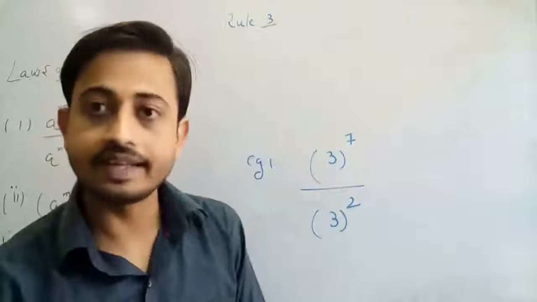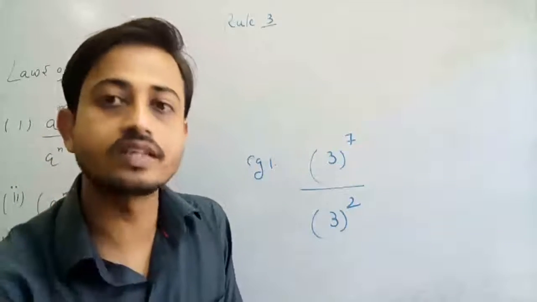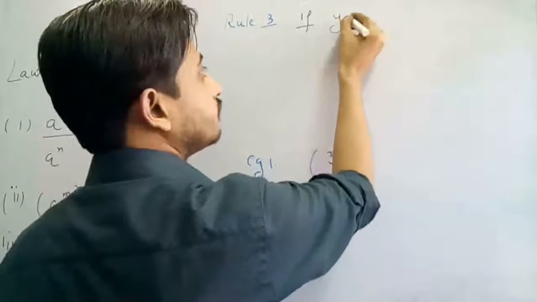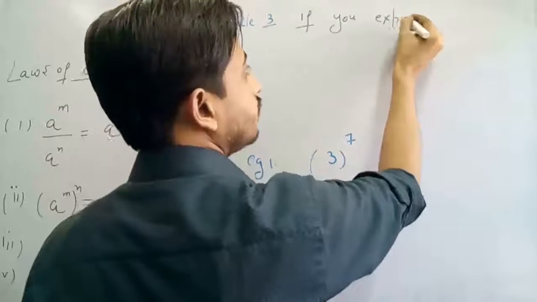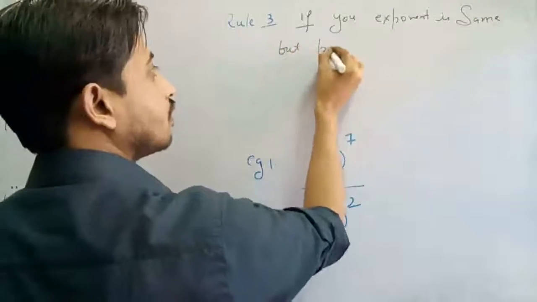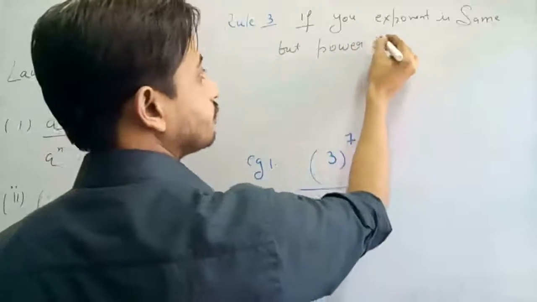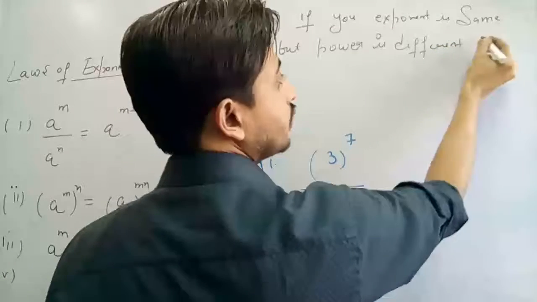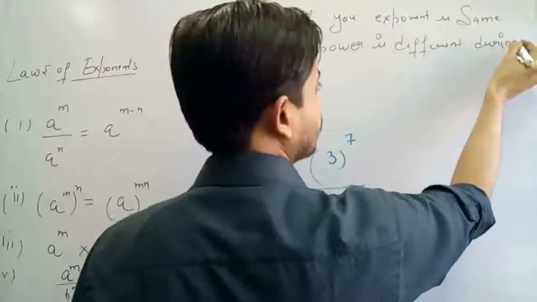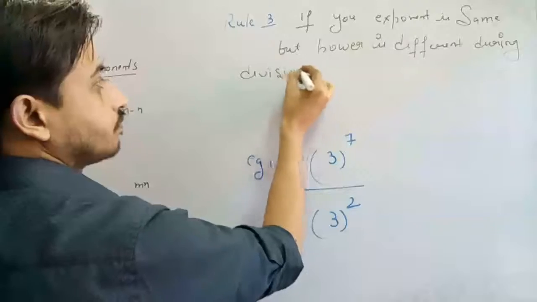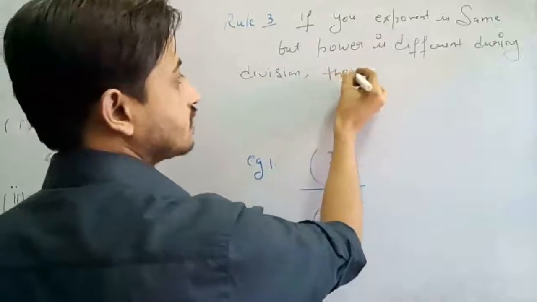So whenever you find the exponent is same but the power is different during division, then what's the result?